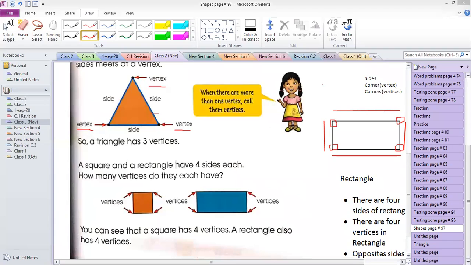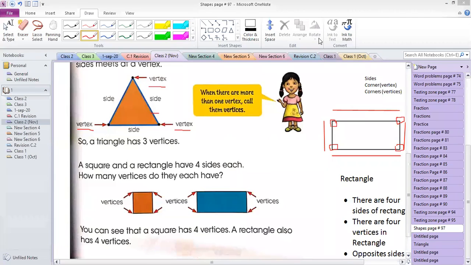Okay. Welcome, sir. Guys, what is the difference between rectangle and square? Rectangle has four sides. I can't get it. I'm going to open the chat.